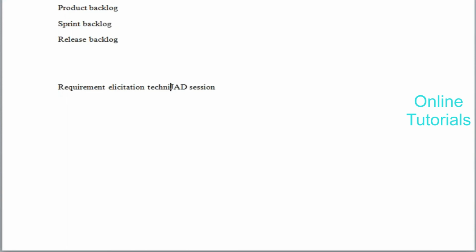Under requirement elicitation techniques, JAD sessions are important. JAD session means the one which we conduct by inviting all the external as well as internal stakeholders.